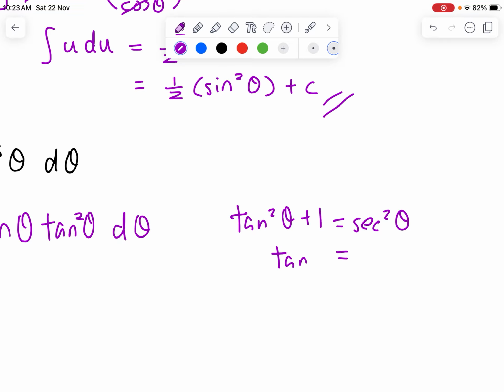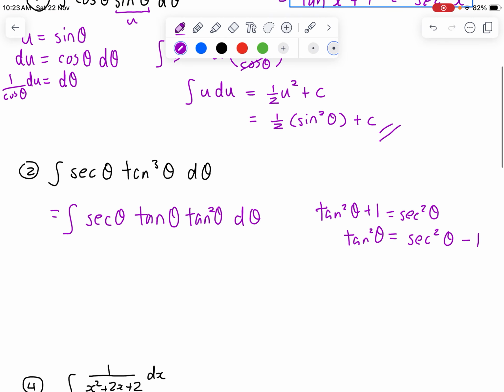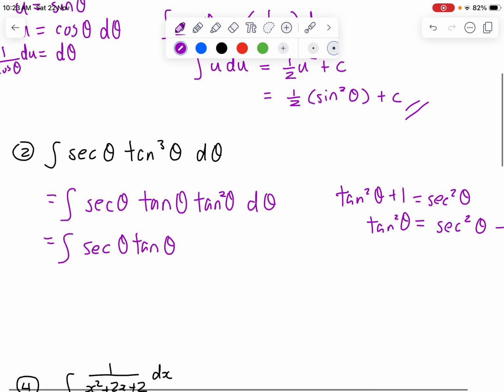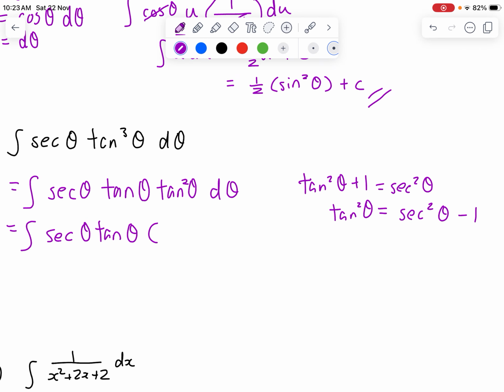To get tan squared theta alone, that's secant squared theta minus 1. So I can plug that in right here, and we get secant theta times tan theta multiplied by, better to put brackets, secant squared theta minus 1, d theta.